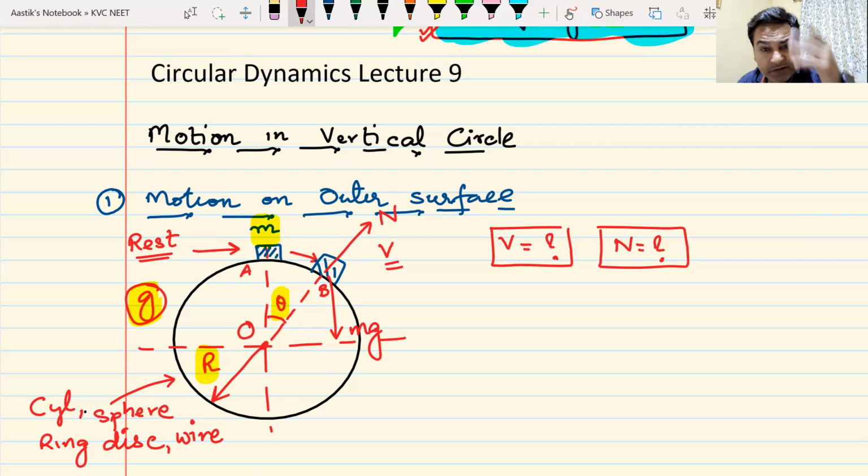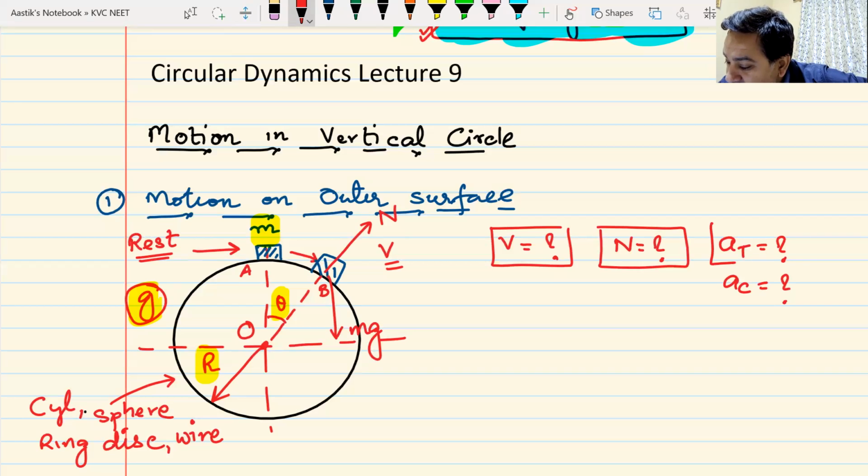Now they can ask you the value of this normal reaction. That is the second question. Then they can also ask you a very typical question which might not come in NEET ever. What is the tangential acceleration of this body? What is the centripetal acceleration of this body?